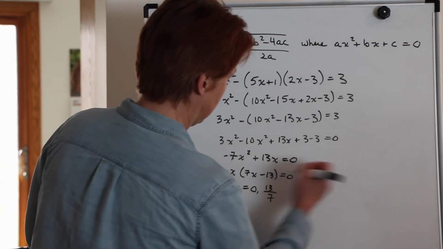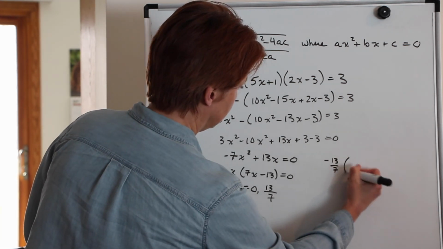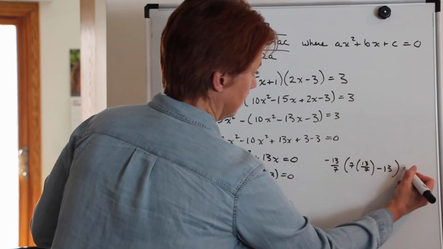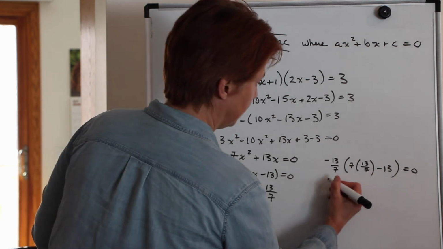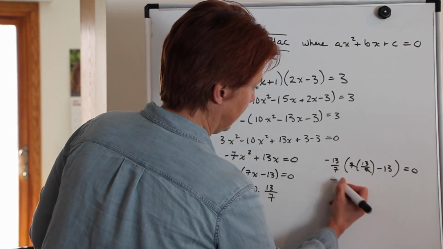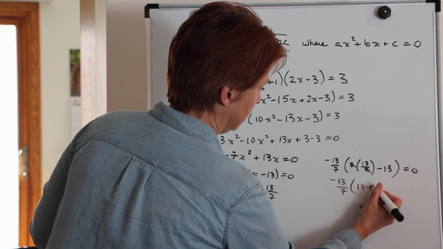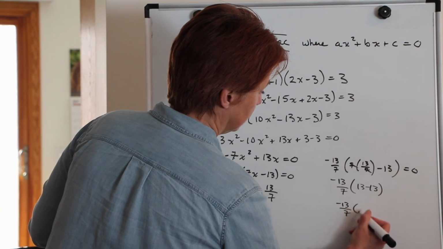So just to demonstrate, if we use 13 over 7, we have negative 13 over 7. Right, so is that equal to 0? Well, it is, because these 7's go away. And I have 13 minus 13. And so I have negative 13 over 7 times 0.